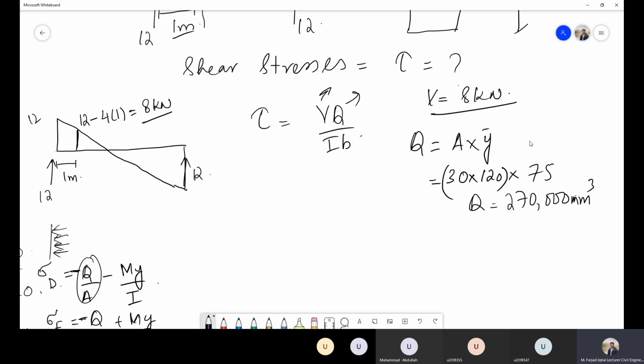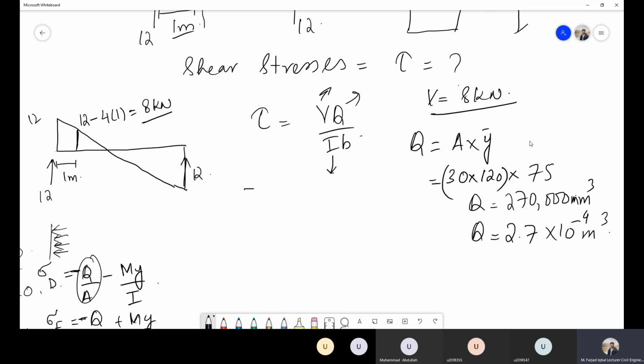What will be the value in meter cube? I have to divide it by 1,000 three times, right? Sir, 2.7 into 10 raised to power minus 4 meter cube. Okay, so now I have V, I have the Q value.